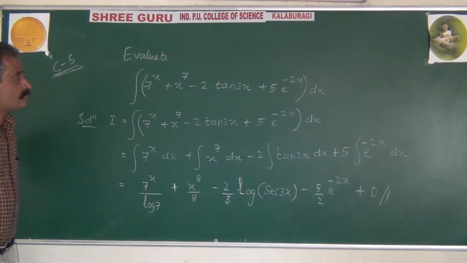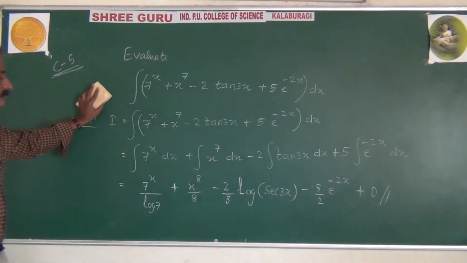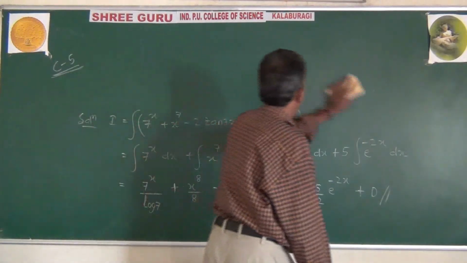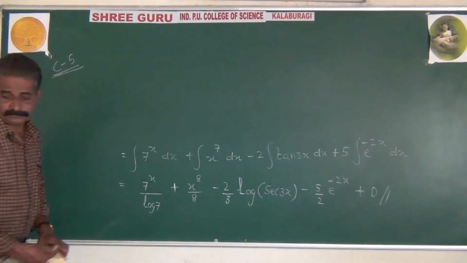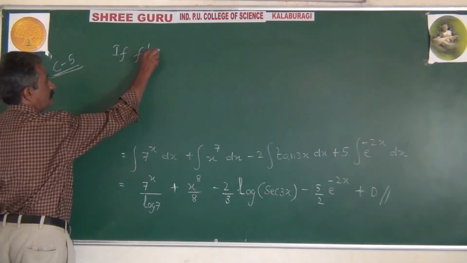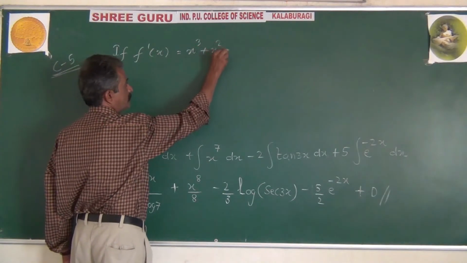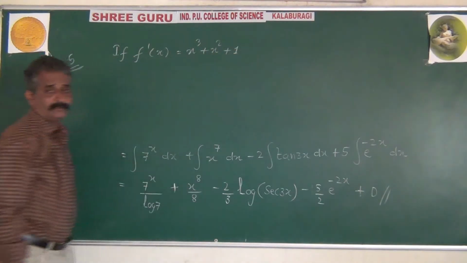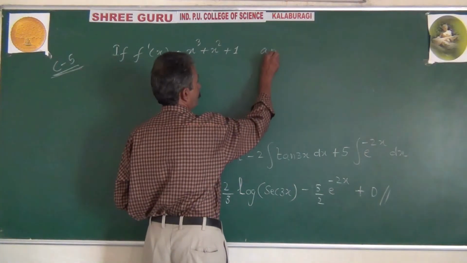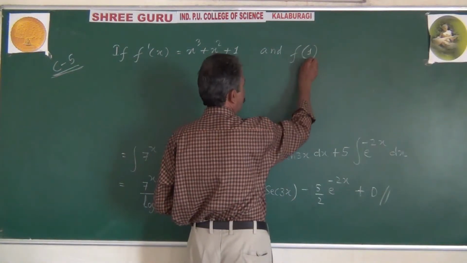Next problem. If f dash of x equals x cubed plus x squared plus 1, what you are given is f dash x and f of 1 is equal to 1.